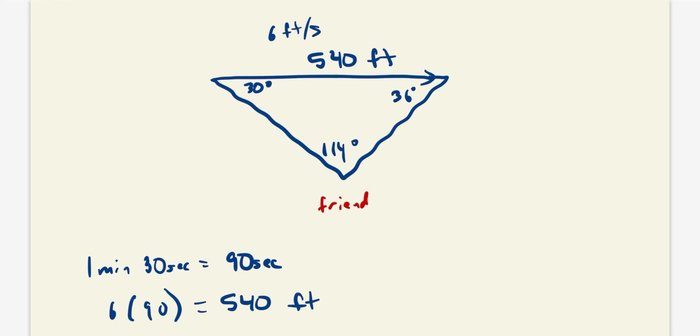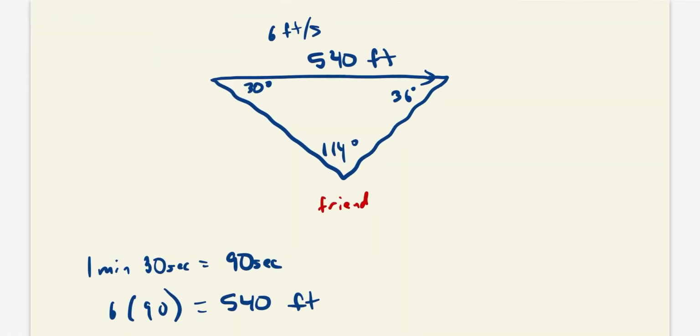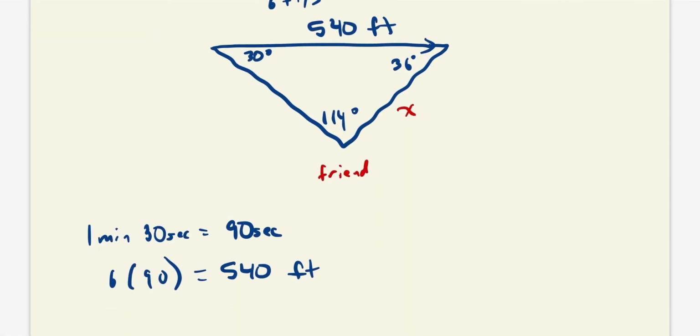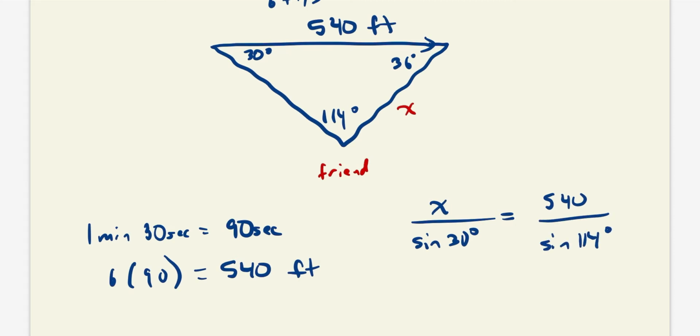All right, and then it looks like they want us to find out what is the distance between him and his friend. So that would be this distance right here, which I will call x. All right, and now we can use the law of sines. So x is to sine of 30 as 540 is to the sine of 114.